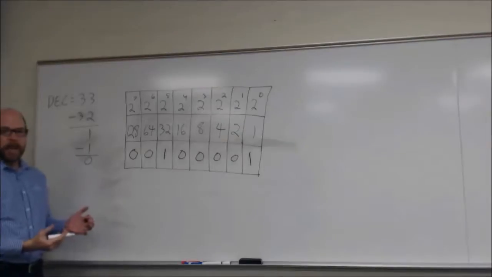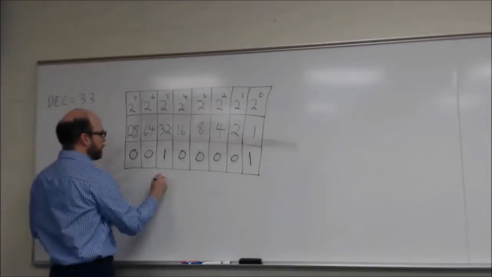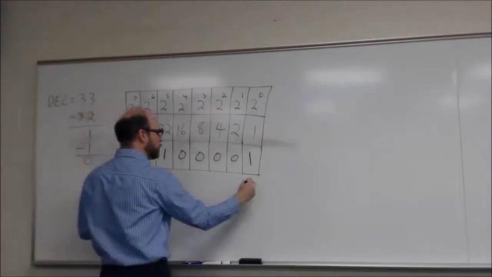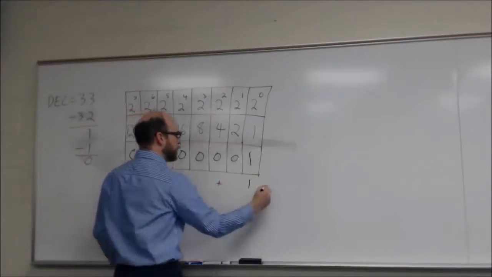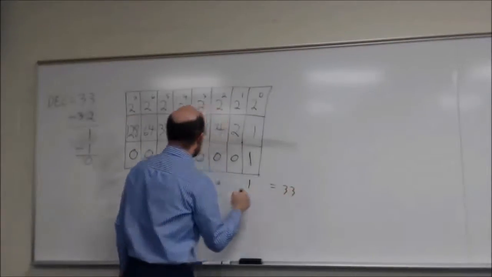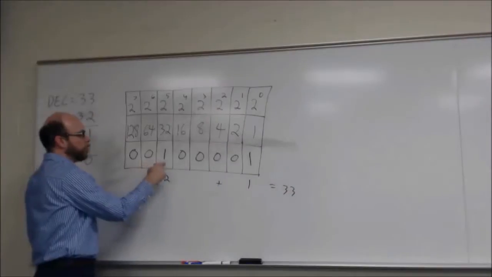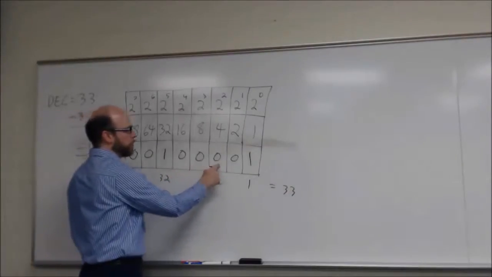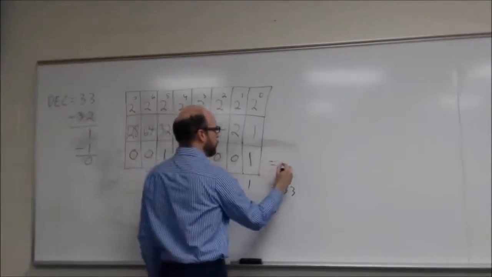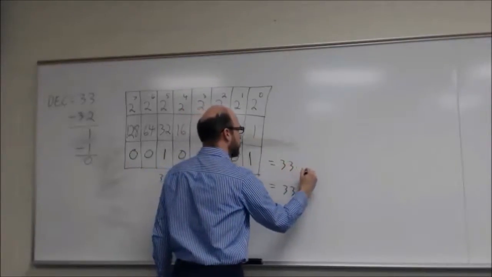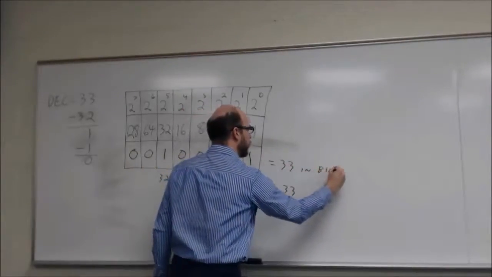Then we can verify our math, and we can see that we've got 32 plus 1 equals 33. So 0, 0, 1, 0, 0, 0, 0, 1 equals 33 in binary.